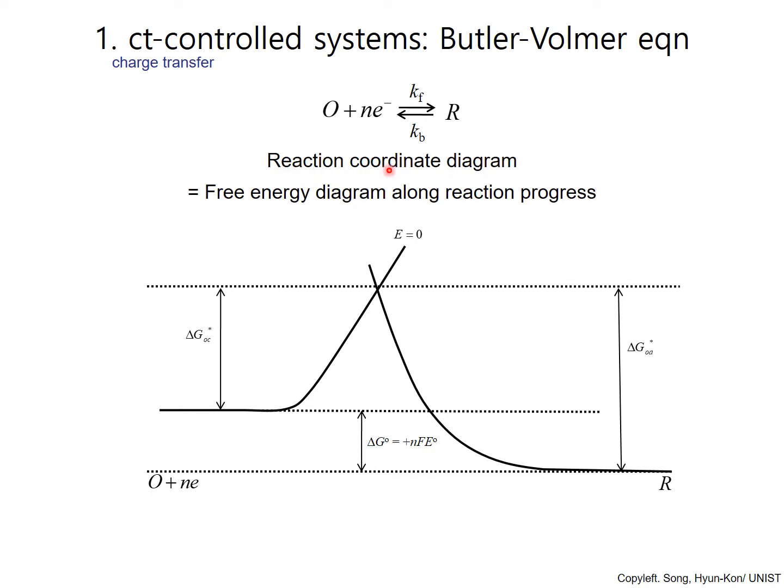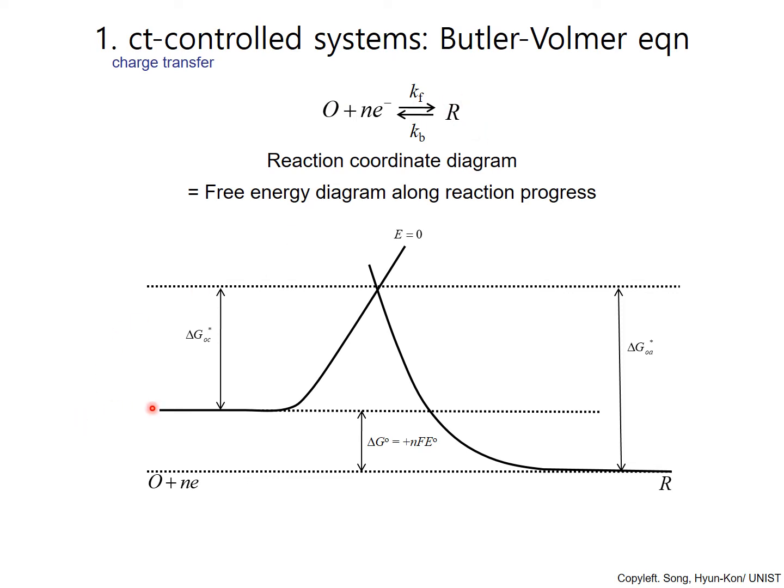The reaction coordinate diagram is a free energy diagram, with free energy as the y-axis along the reaction progress x-axis. So let me check the free energy curves for the reactant and product.